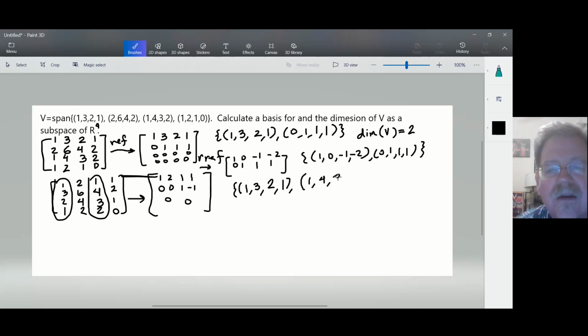That gives us another answer. But note, each one of these bases has two vectors in it. So again, it doesn't matter how we generate a basis, one central thing is that it's a two-dimensional subspace of R4.